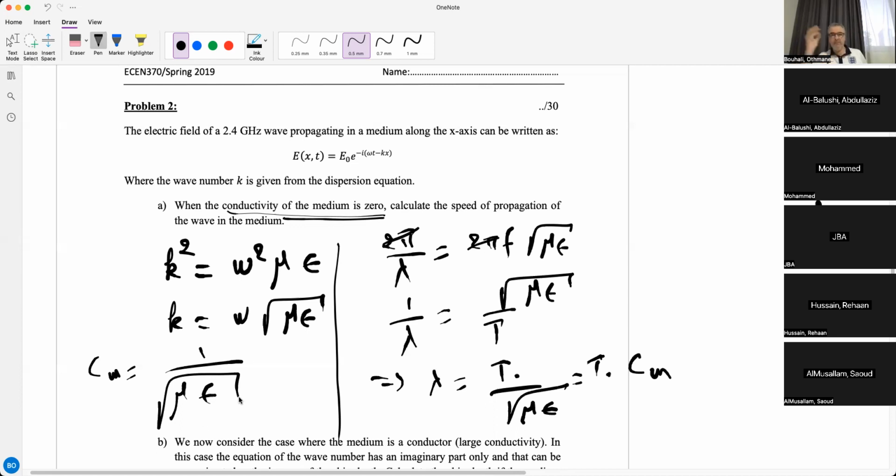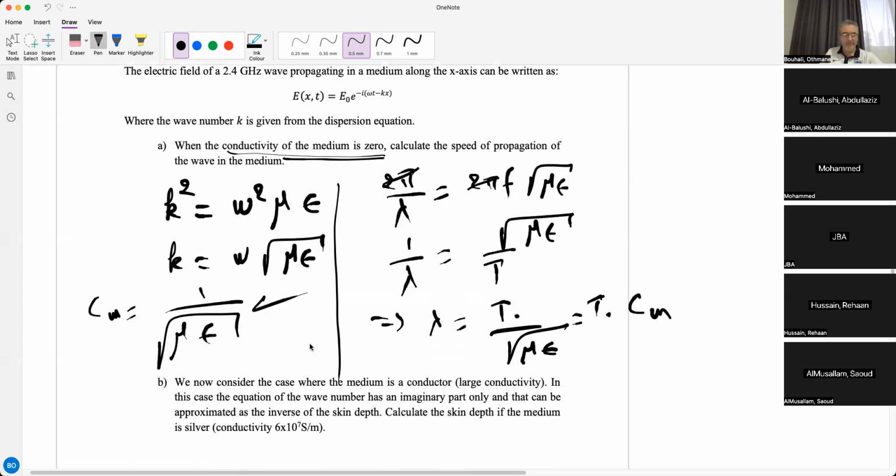But you might be asked to use the right permittivity and permeability, as I explained before. So this is the speed when the wave is traveling through a dielectric. There is no attenuation, and the speed continues as it is. Any questions?